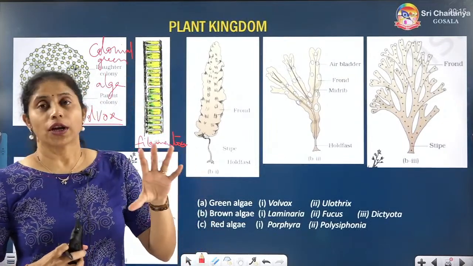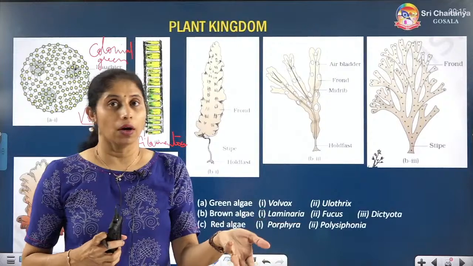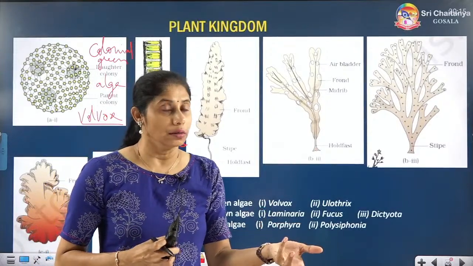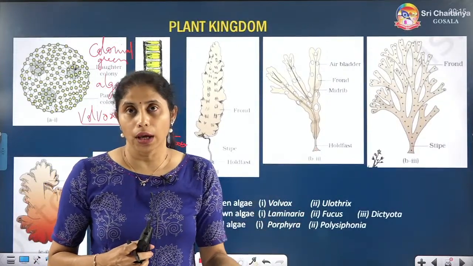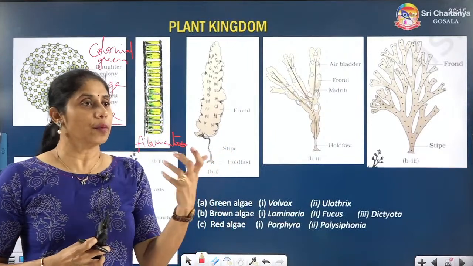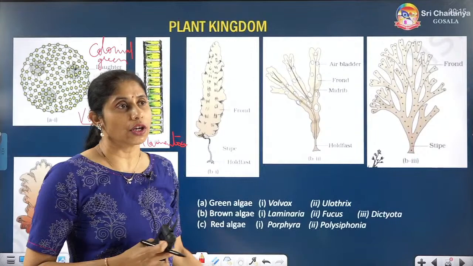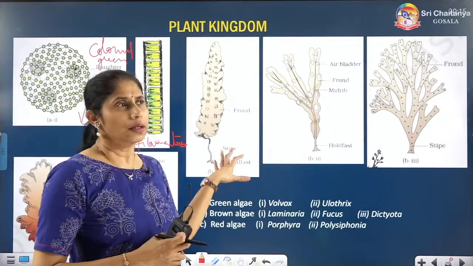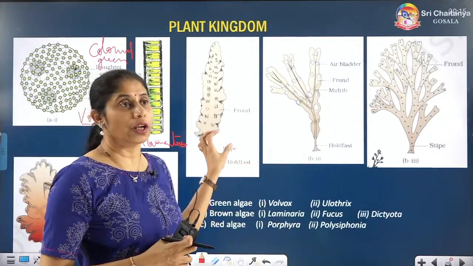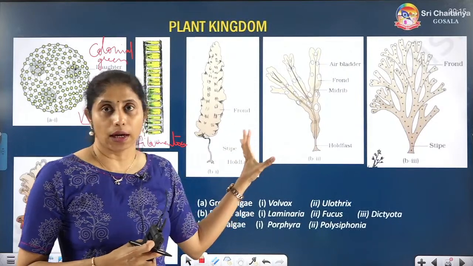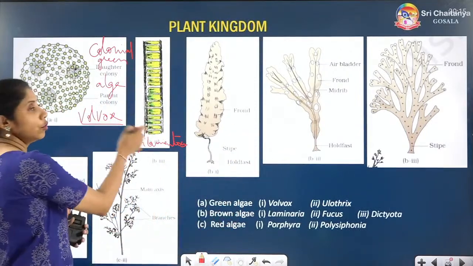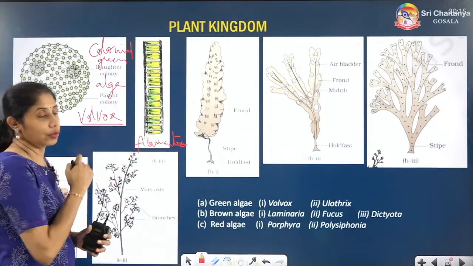Those having green pigments are called green algae, those having brown pigments are called brown algae, and those with red pigments are called red algae. So three categories are there, which I will show you in the next slide. These are just the pictures given in the NCERT. So these two, Volvox and Ulothrix, belong to green algae.